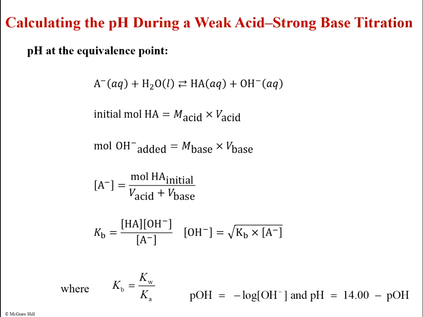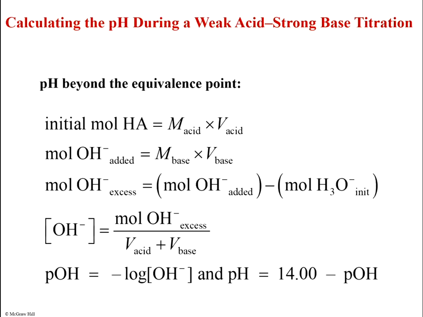Kb is HA times OH minus divided by A minus, or the hydroxide concentration is the square root of Kb times the concentration of weak base. So we can calculate our pH using our standard equations with which we've worked in the past.